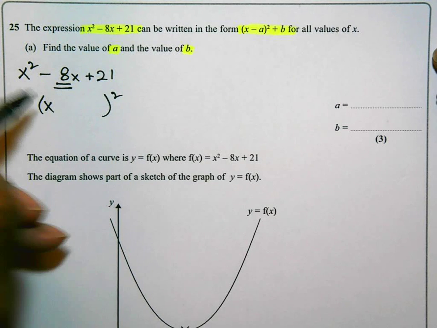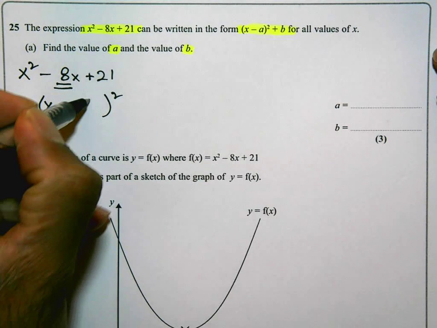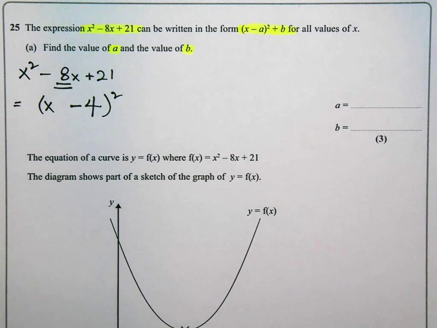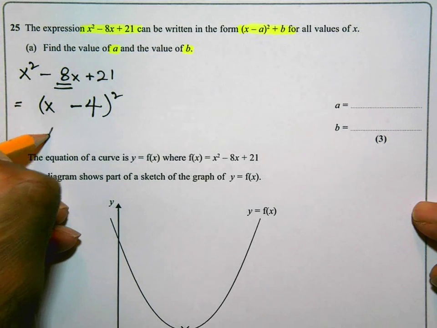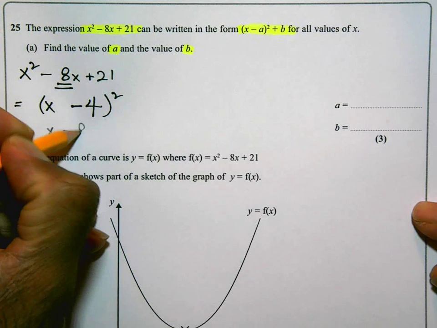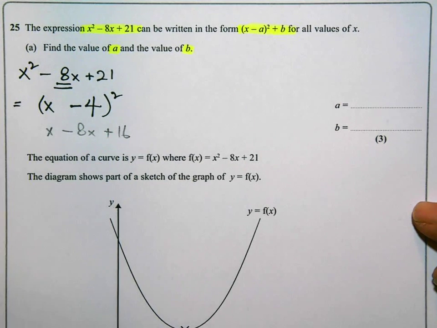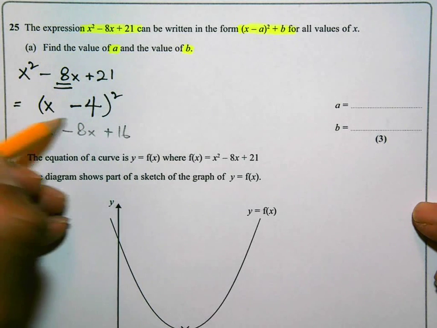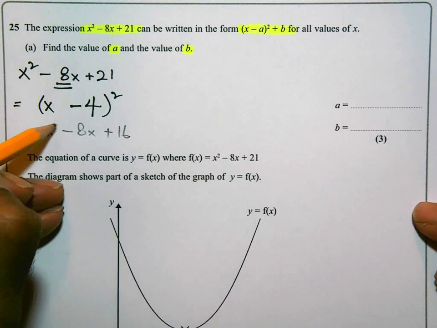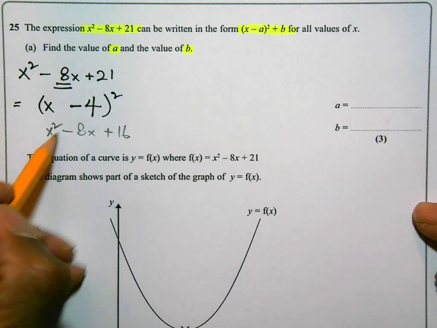Half of minus 8 is minus 4. If I expanded (x minus 4) all squared, I would end up with x squared minus 8x plus 16.